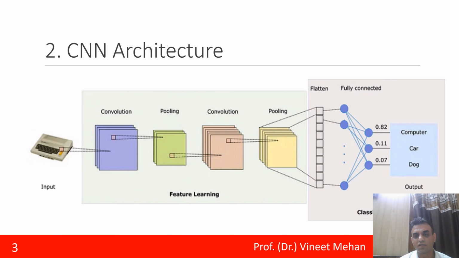And the output that is generated here is the probabilities. Let's say the probability of the first part is 0.82, the second is 0.11, the third is 0.07. So the maximum probability is 0.82. So it represents that the image that was originally there is of a computer. So this is how the architecture of CNN is.